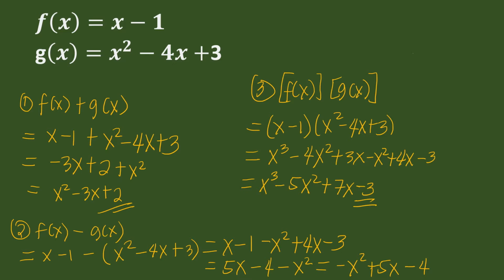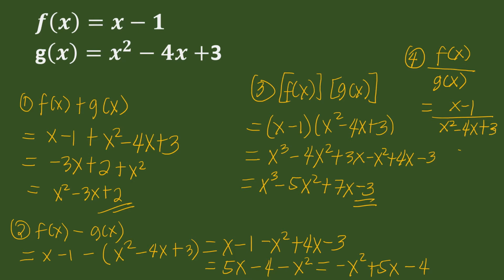We go to the last, number 4. Let's say you're asked to divide f of x over g of x. What we will have here is simply x minus 1 over x squared minus 4x plus 3.